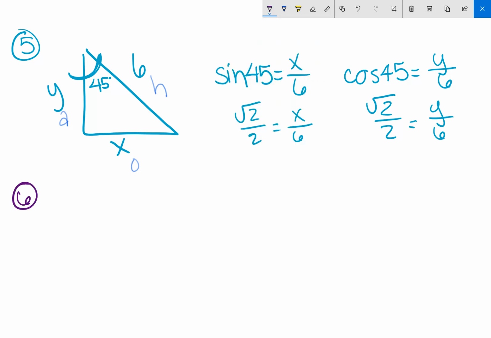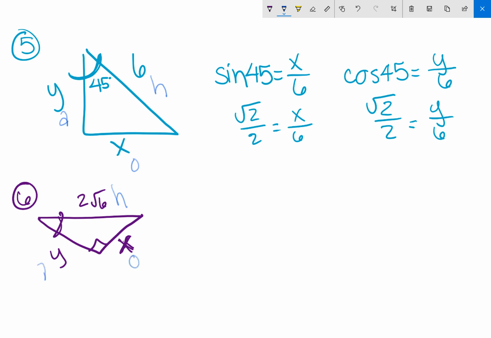For number 6, this triangle is oriented kind of funky, but it's still a right triangle. It's still 45 degrees. So if I'm basing it off of the angle that they labeled, this is my hypotenuse, my x is my opposite, and my y is my adjacent. So then, if I'm trying to find x and y, you're going to do basically the same thing we just did.